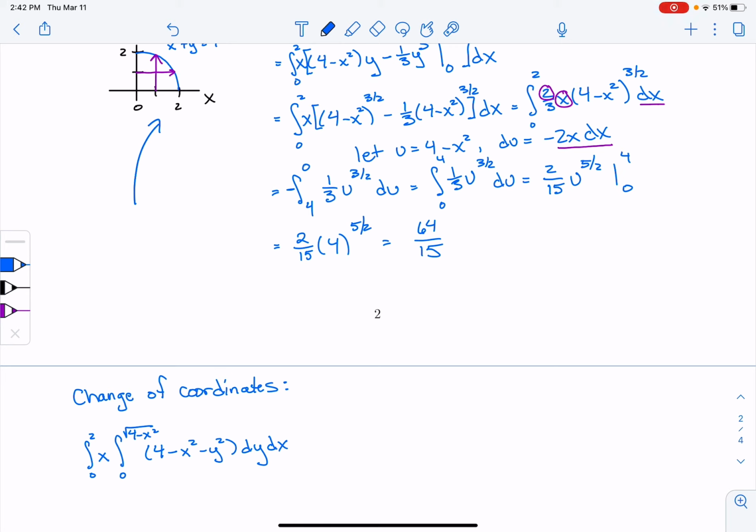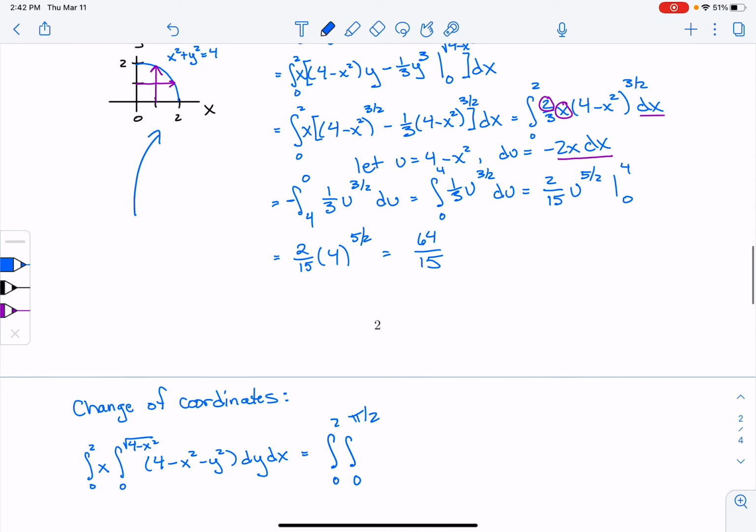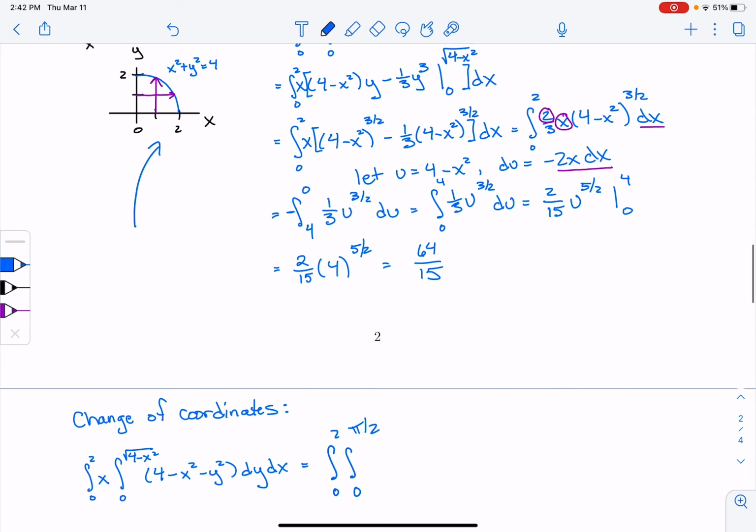It's an integral that goes from a radius of 0 to 2, and then another integral of theta going from 0 to pi over 2. So I'm going to describe that circular region by going from 0 to 2 in r and 0 to pi over 2 in theta.